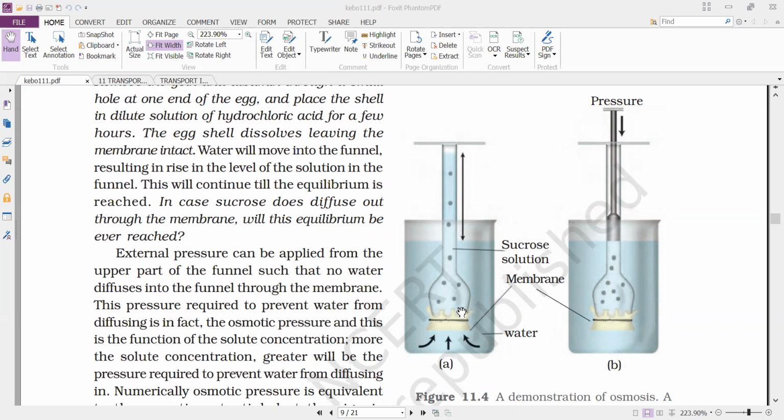Gradually there is an increase in the sugar solution. This process will occur till the concentration reaches equilibrium. There is a continuation of this concept, which we'll discuss in the next class.